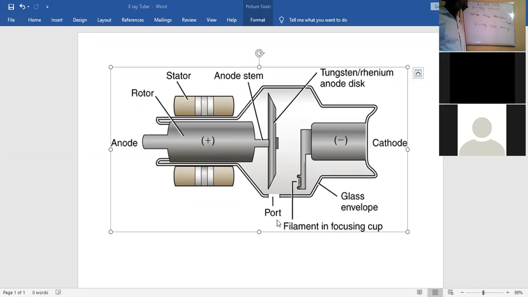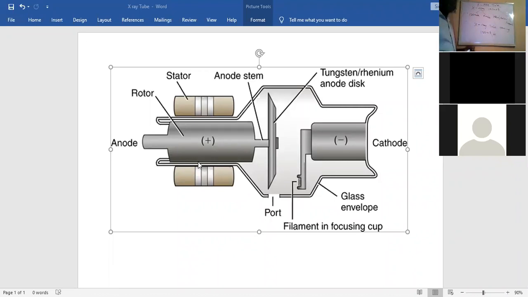Because of that, we normally carry out a leakage exposure test when we are doing quality assurance to make sure that the tube is not leaking any form of radiation. Even if you have some minimum radiation leaking, it shouldn't be more than 100 milliroentgen per hour.